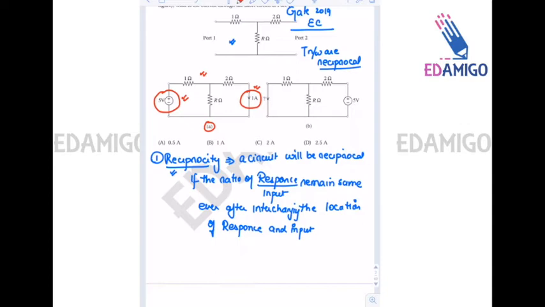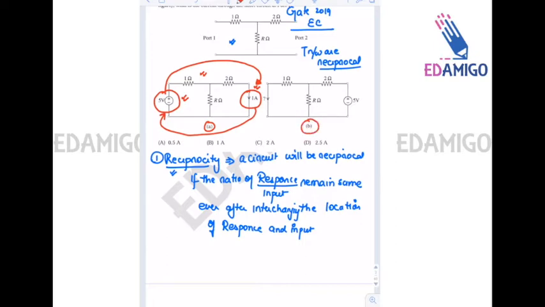Now I interchange the location. In place of the current, where I was measuring current, I place the 5 volt battery, and in place of the 5 volt battery I now measure the current. This is what is happening in figure B.